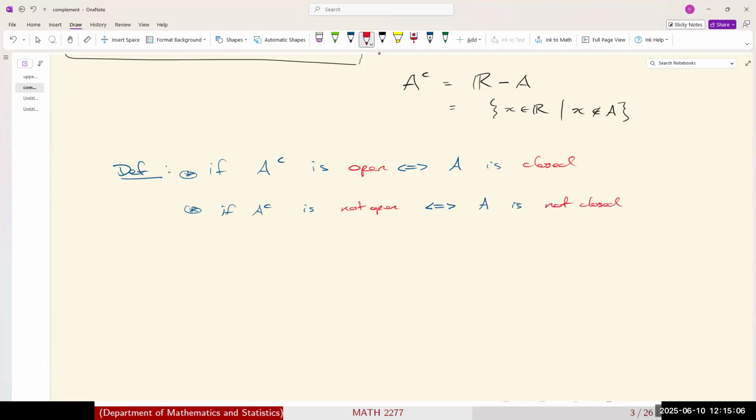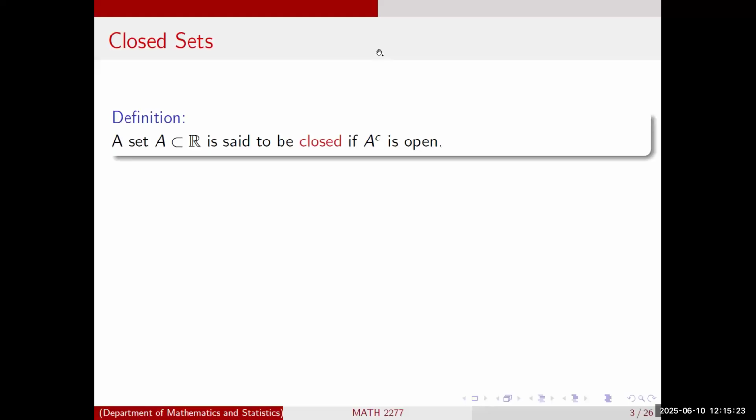Okay, so right now, everything we're going to do to figure out whether or not a set A is closed or not closed, what we're going to do first is we are going to look at its complement. Okay, so we're going to look at the complement.